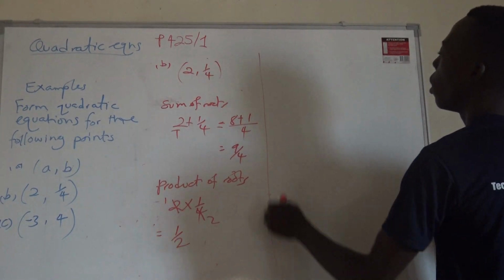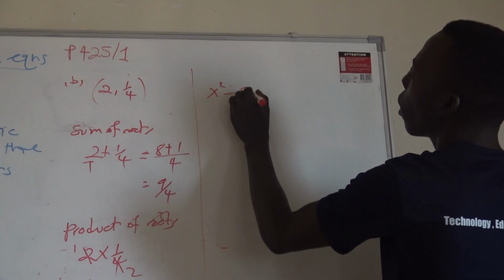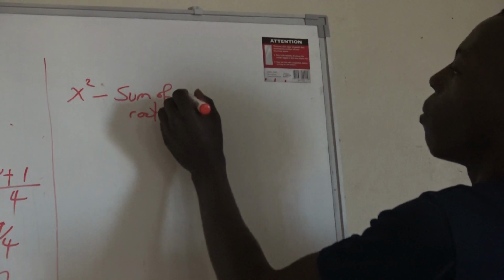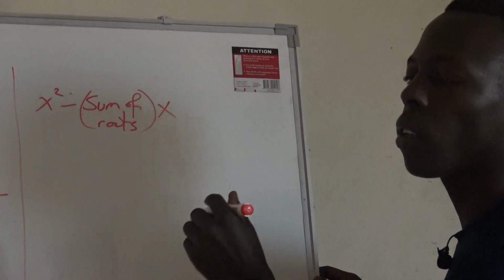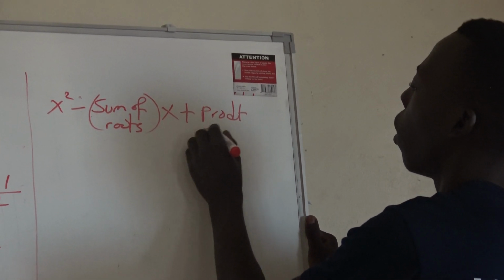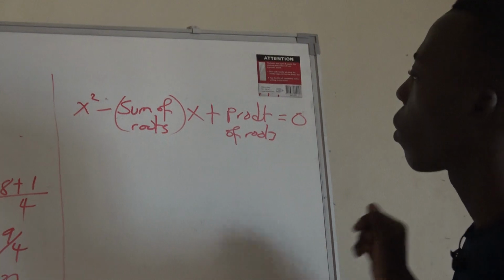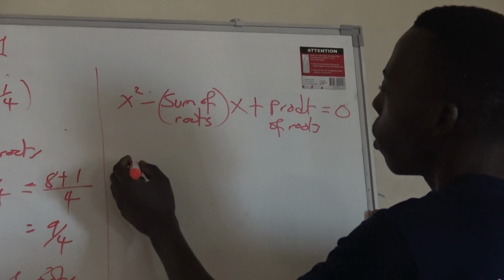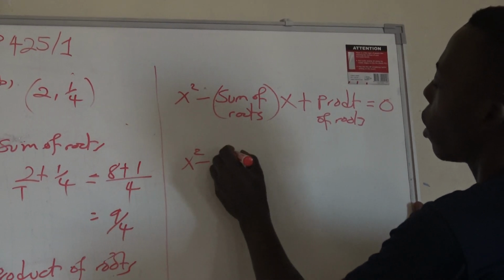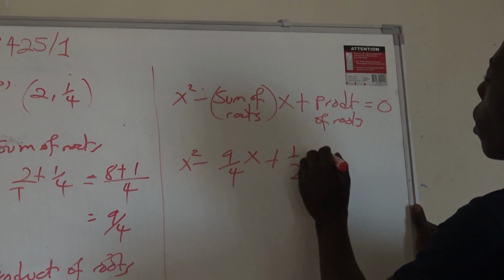The formula was x squared minus sum of roots, times the value of x, then plus the product of roots. This one gives us 0. So we substitute in the product and the sum, so it will be x squared minus 9 out of 4, x, then plus a half equals 0.